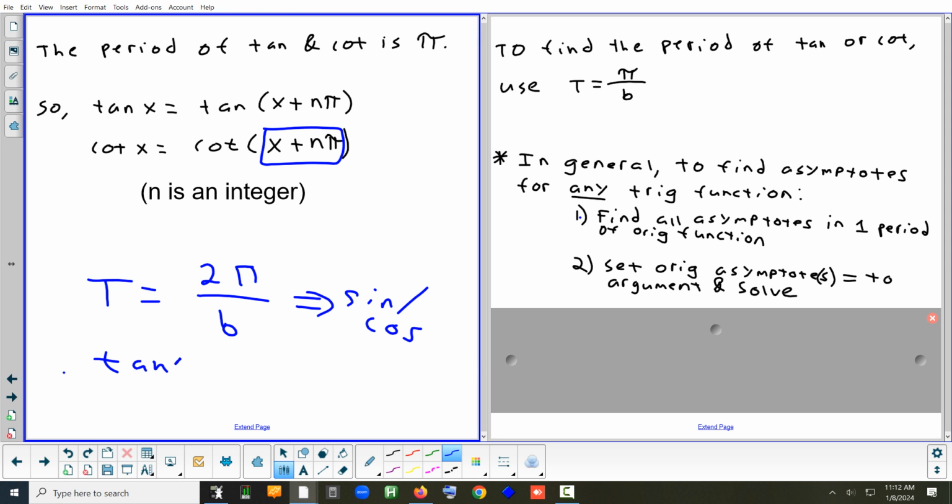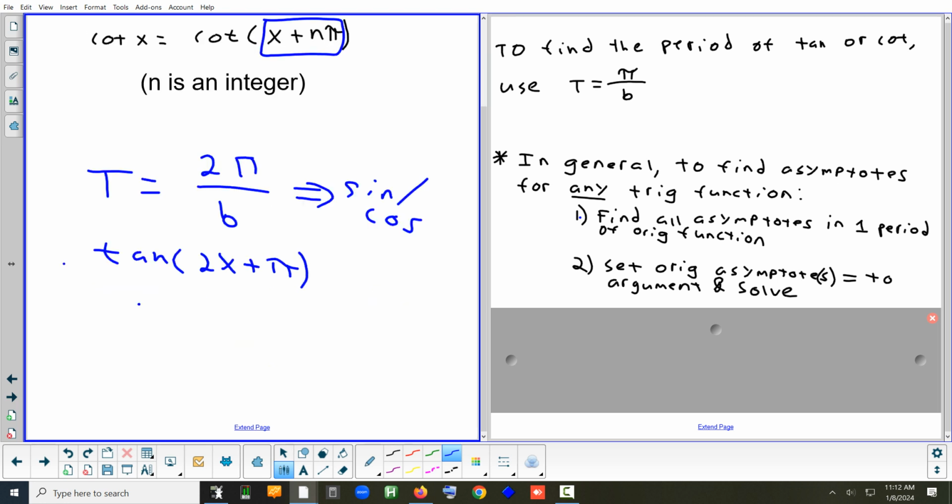So if I had tangent of 2x plus pi, and I started with an asymptote at pi over 2, where is that asymptote going to move to? You would take pi over 2, set it equal to the argument, and solve. If you can solve that and get x by itself, that will tell you where the original asymptote moves to.